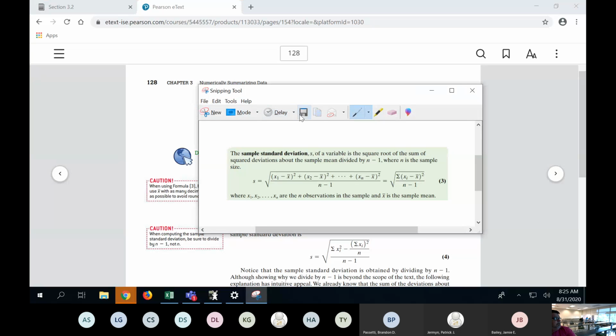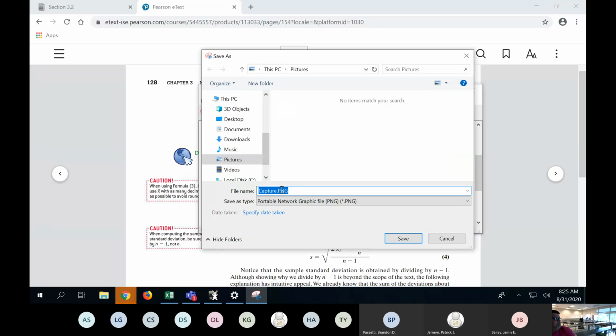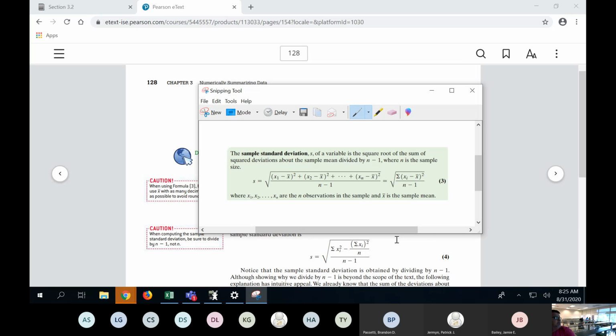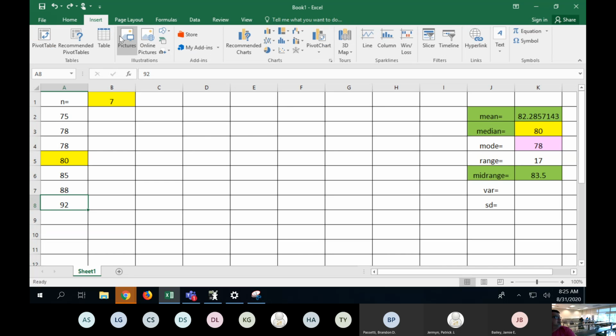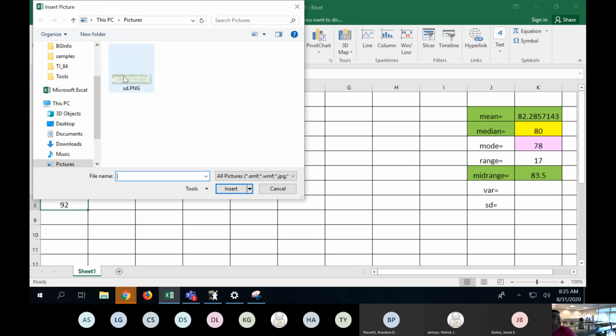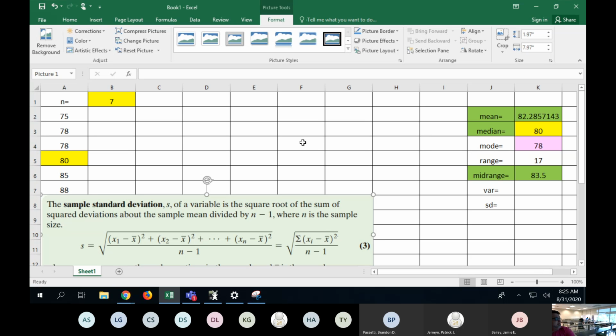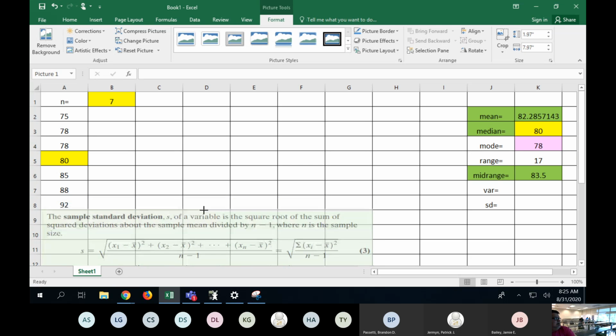Save. Standard deviation. Pictures. Save. Now let's go to our handy dandy Excel spreadsheet and insert pictures. I just amazed myself. There we go. So now we got that in there.